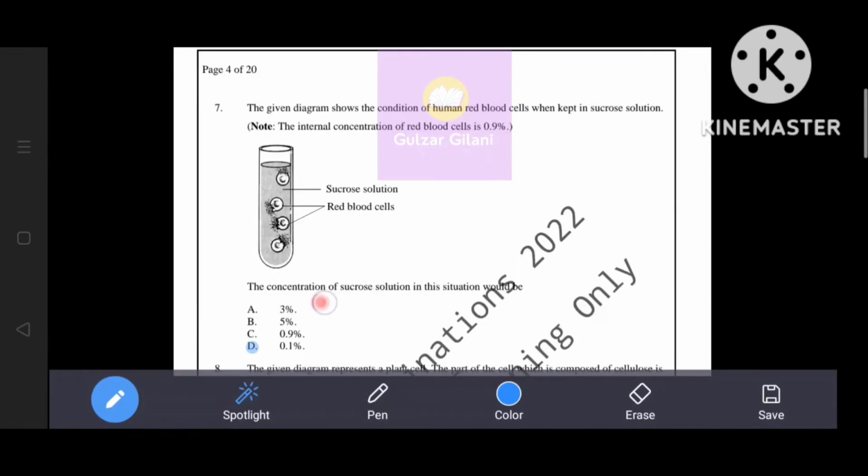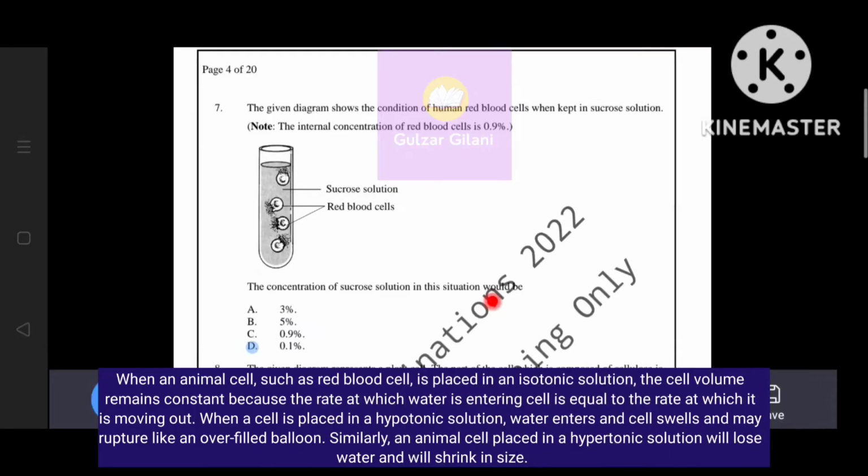The concentration of sucrose solution in this situation would be, as you know, when an animal cell such as red blood cell is placed in an isotonic solution, the cell volume remains constant because the rate at which water is entering the cell is equal to the rate at which it is moving out.